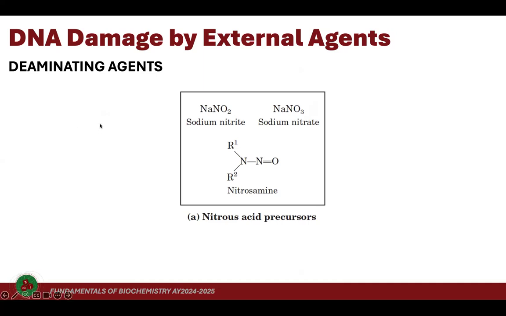And although they can cause deamination of your nitrogenous bases, the cellular repair mechanisms can address that.